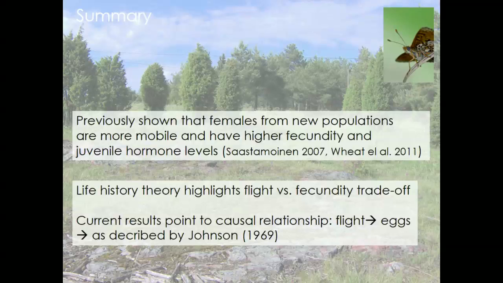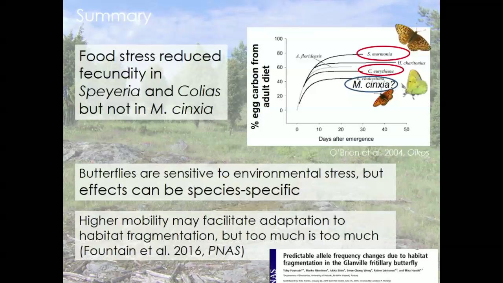a nice literature on the connection between flight and egg production in insects. So I think it's really something to look into, the hormonal control of egg production and all that, and not to just simply think in terms of trade-offs.